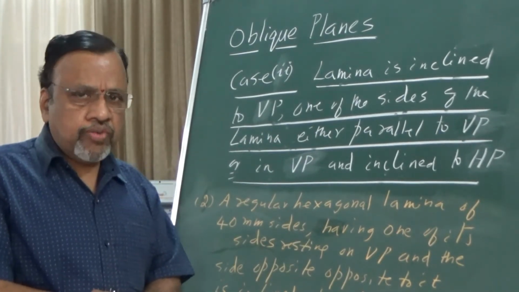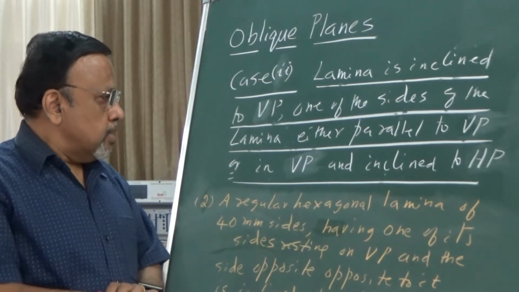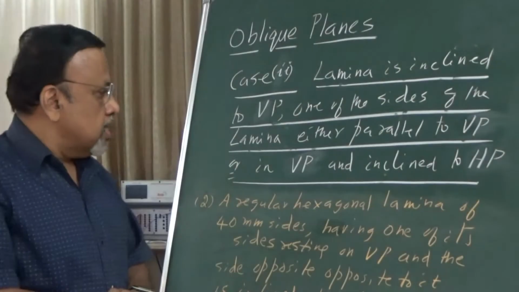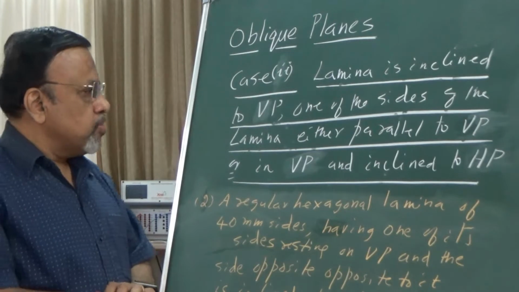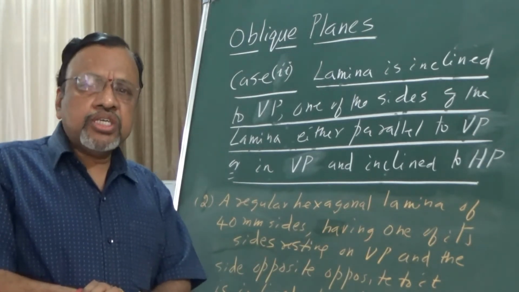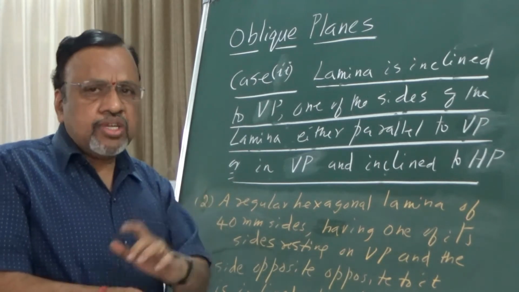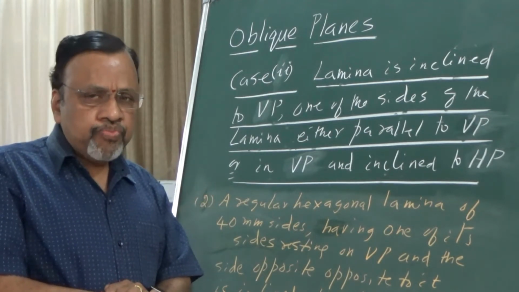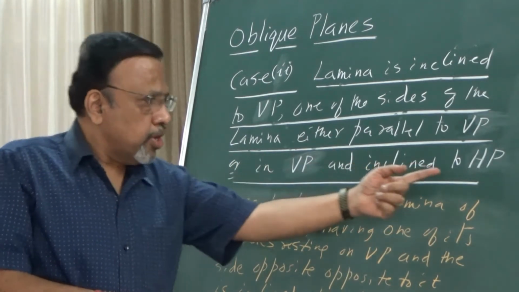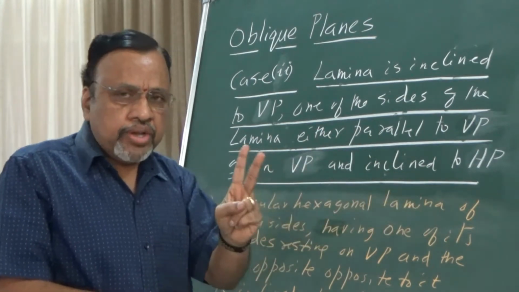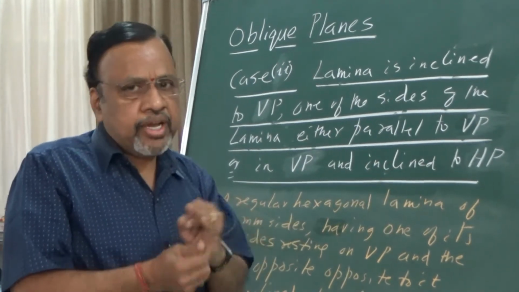What are the inclinations given? One is the surface inclination, that is, the lamina is inclined to VP, and the other is the side inclination, that is, one of the sides of the lamina is inclined to HP.